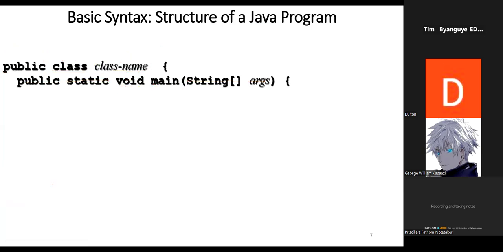You know now that public simply means we need this to be accessed outside this file, because each class that you create under normal circumstances is meant to be a separate file. There are times where you can put multiple classes in the same file, but that's not advised.